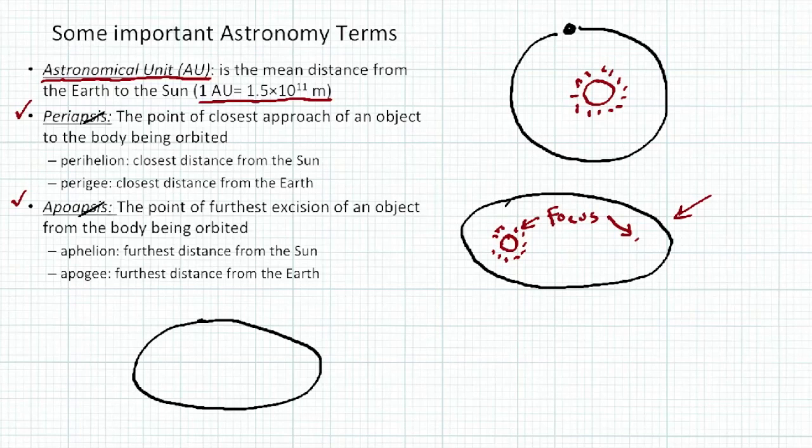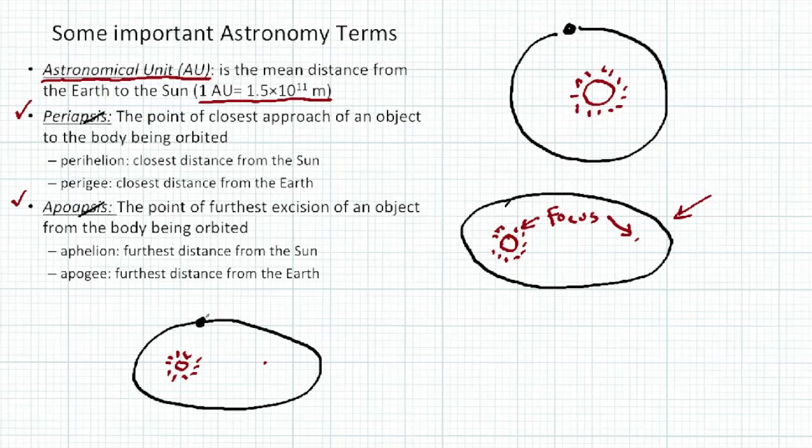And as you remember, like I just said, we have the body that's being orbited, in this case, let's say it's the Sun, at one of the two foci. And this other focus right here, nothing is at, but it exists in space. And our orbiting body, heck, we'll just say it's the Earth going around the Sun.